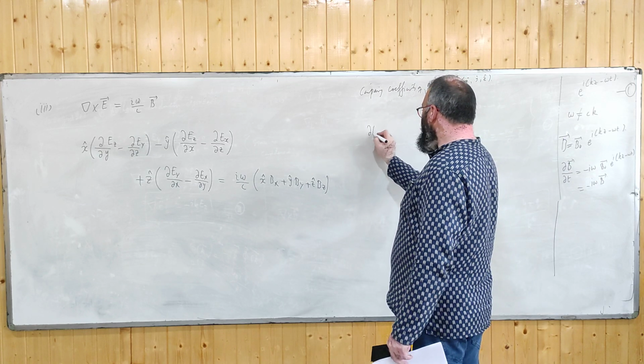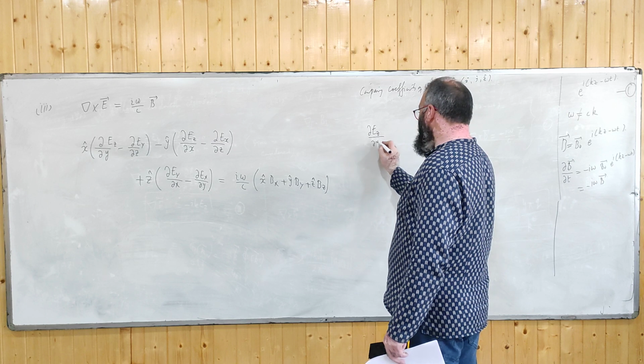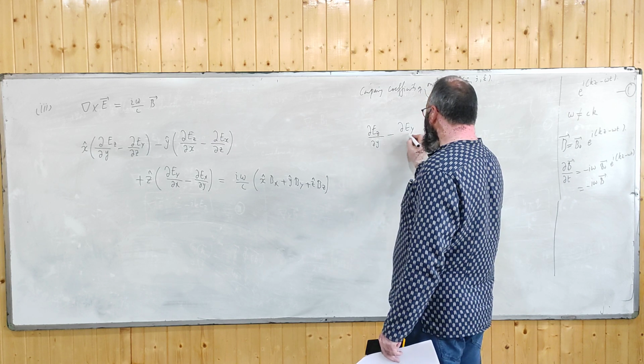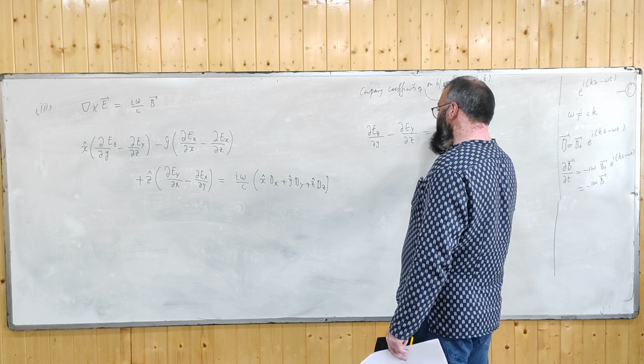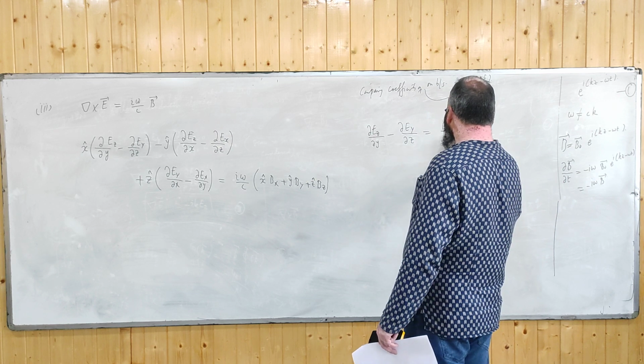So what you get: partial Ez by partial y minus partial Ey by partial z equals I omega by c dx.